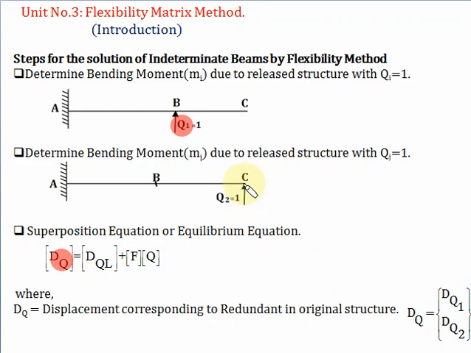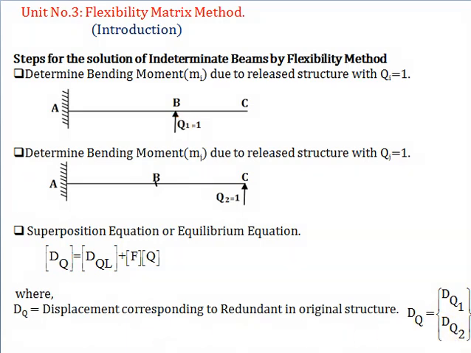Then DQ2 at support C, we have considered the vertical reaction at C as our second unknown. So at support C, if there is a spring support or the sinking of support C is given, then this DQ2 will come into the picture. If not, then this will be equal to 0.